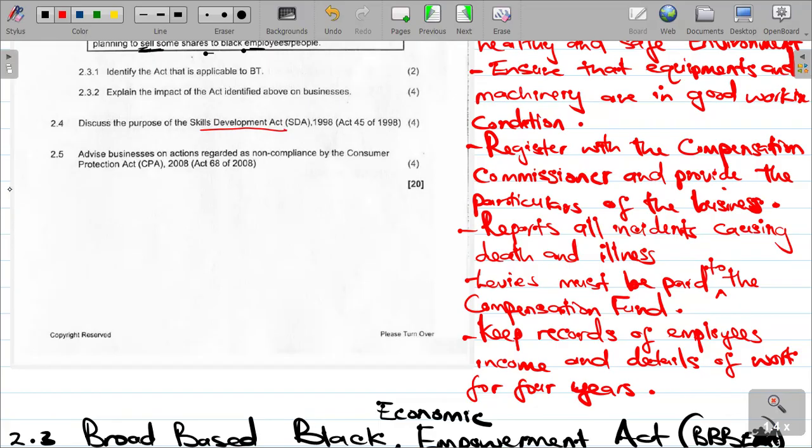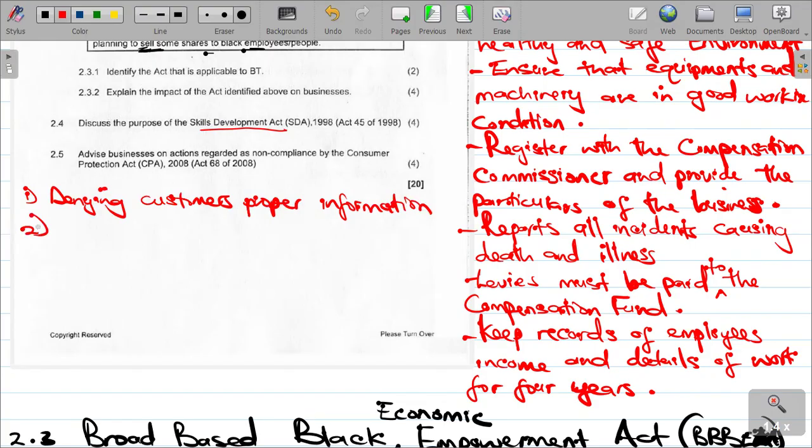Actions that can be regarded as non-compliance according to the Consumer Protection Act, right? 1, denying customers proper information about the product or about the service, right? It's regarded as non-compliance.